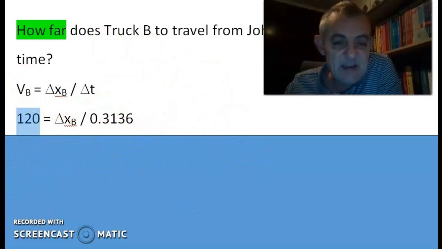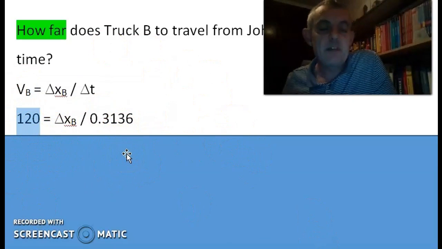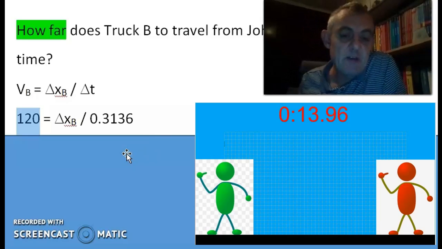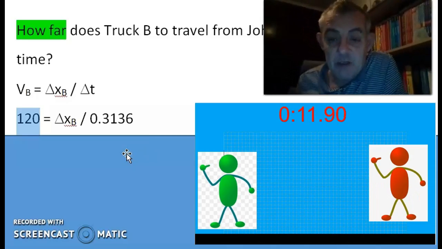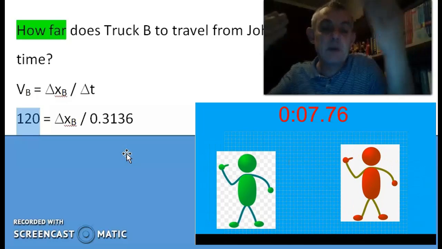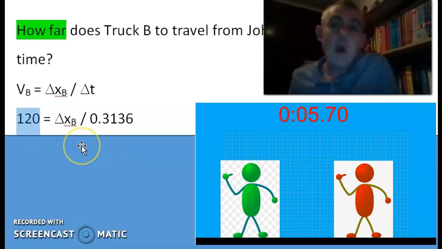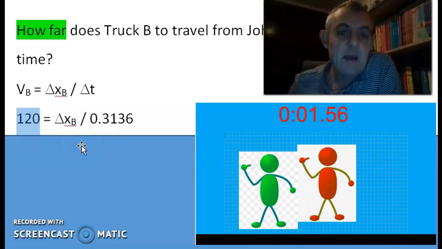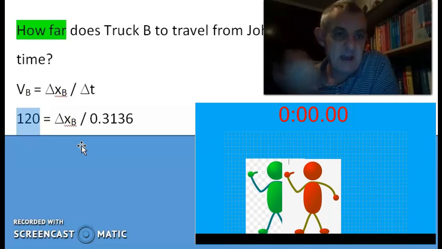The time is the same time because they can only cross each other at the same point in time, as I showed you in the jumping animation. Two stick figures who were jumping. The one was jumping faster than the other. When they met, if you looked at the digital clock countdown, that time was time 0.